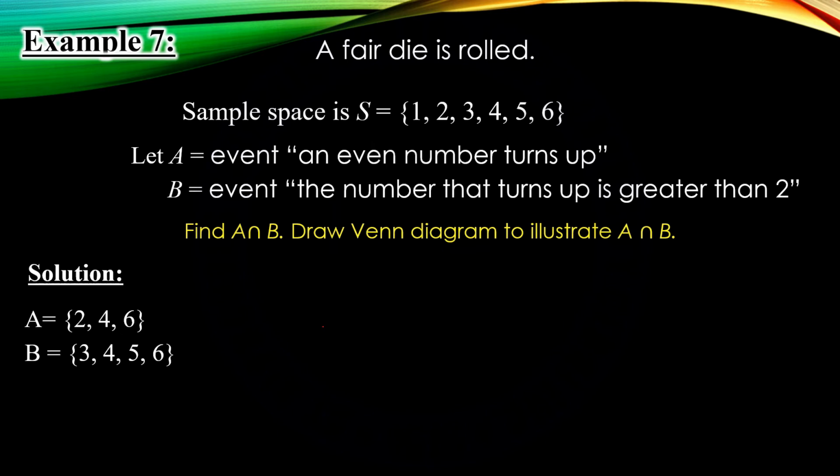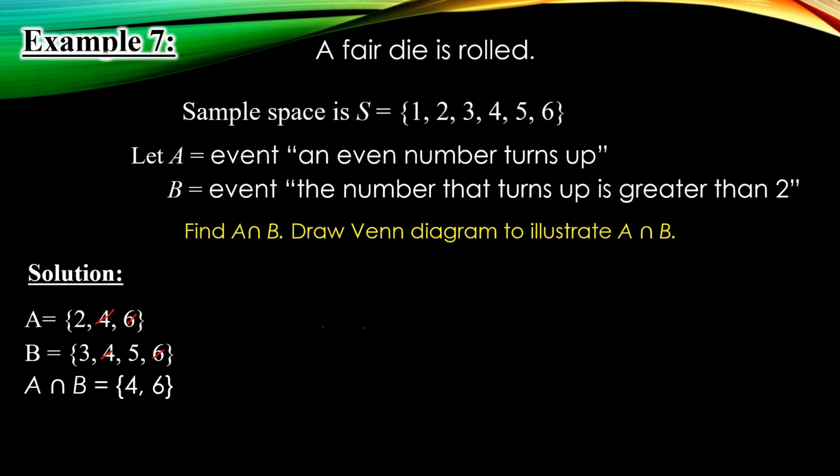And then A intersection B would contain 4 and 6 because we consider the elements or outcomes common to both event A and event B. So we have 4 and 4, 6 and 6.